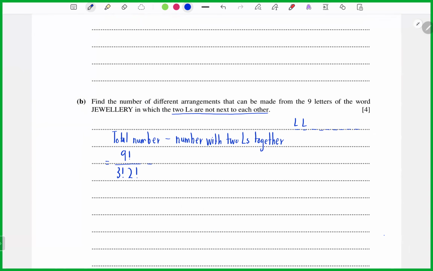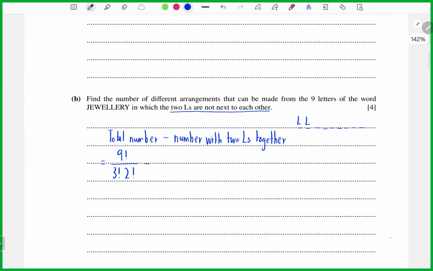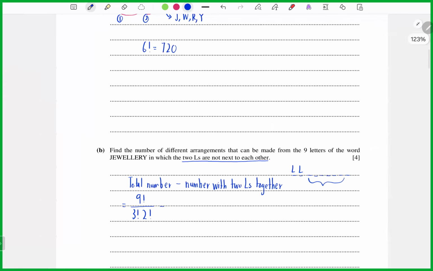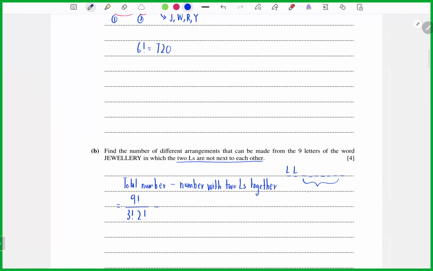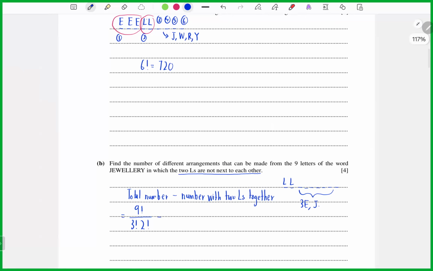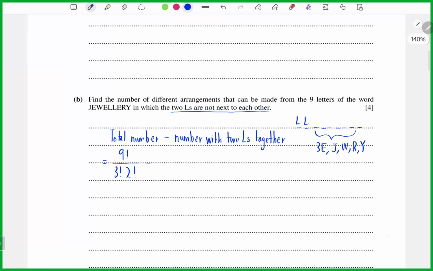So here, we have three E's, J, W, R, and Y. So you can take 8 factorial, because the L's are considered as one position. Number 1, 2, 3, 4, 5, 6, 7, 8 here.